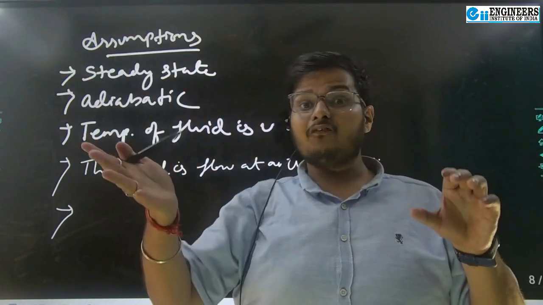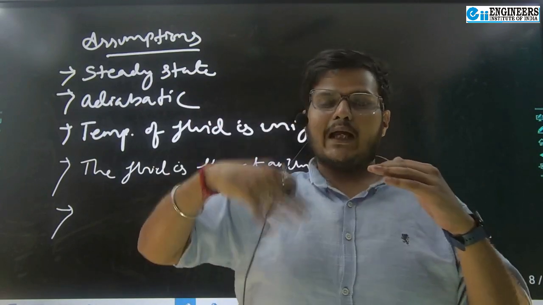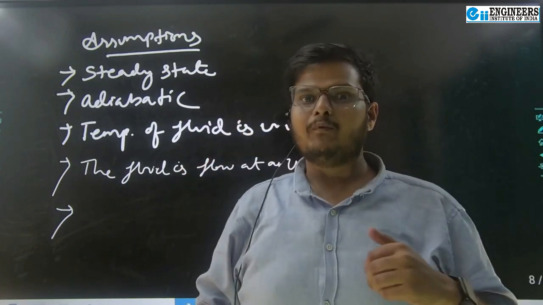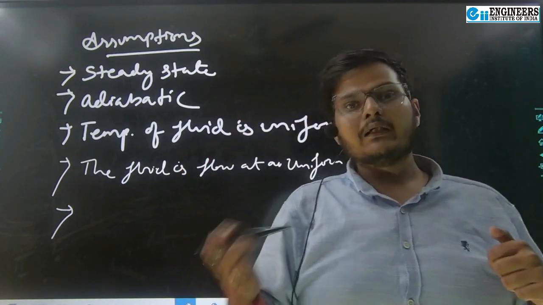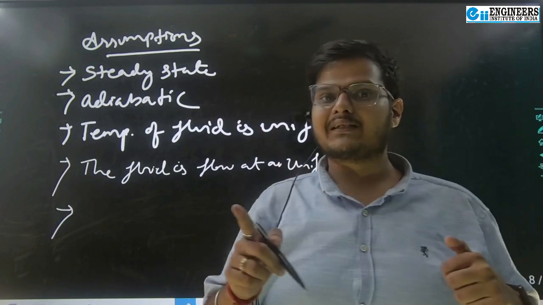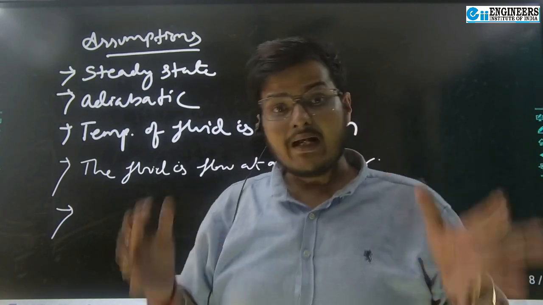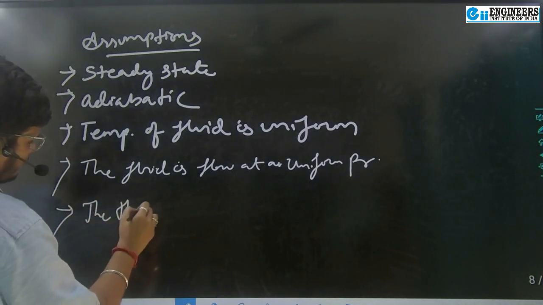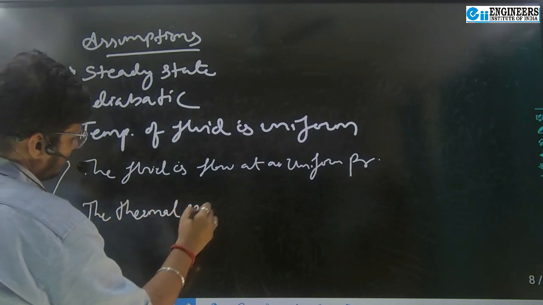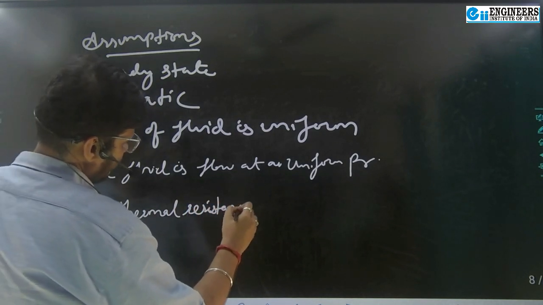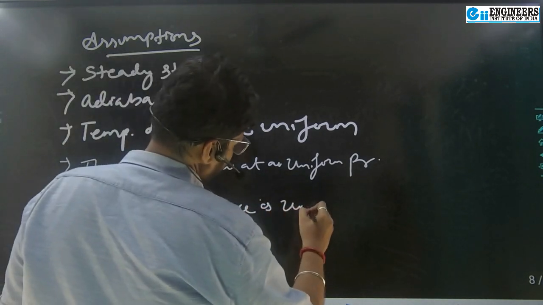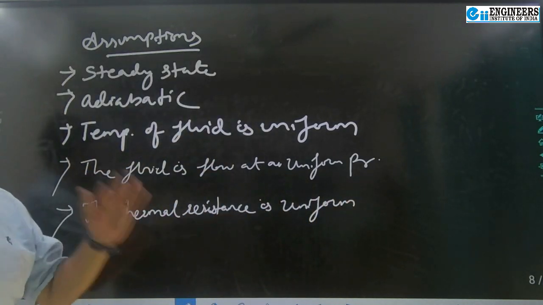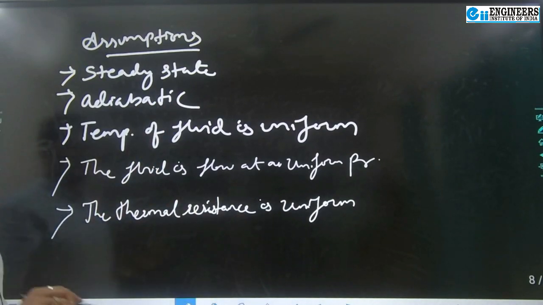So there will be some contact resistance, because this material hinders the transfer of heat between the two fluids. Here comes the thermal resistance provided by the material of the heat exchanger. The thermal resistance is uniform, or there are no abrupt changes in the thermal resistance.